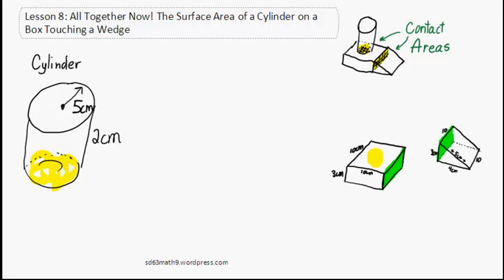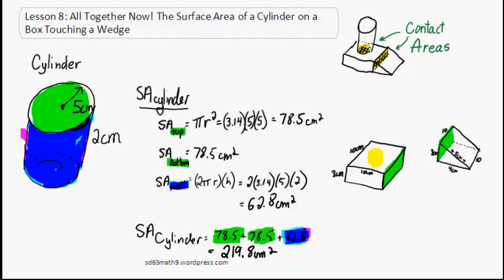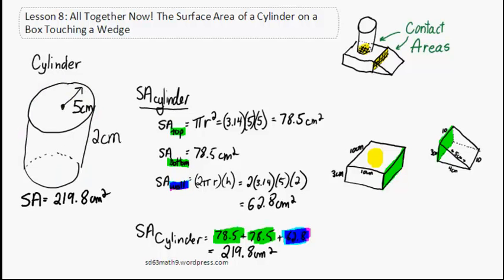Let's do the cylinder first. Here's the surface area of the entire cylinder. Pause the video if you wish to have a look at the calculation. If it looks really too complicated, try going back a lesson or two to look at the surface area of a cylinder. So the surface area of a cylinder is 219.8 centimeters squared.